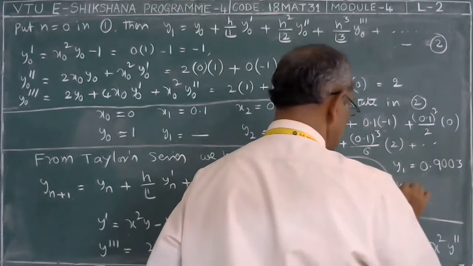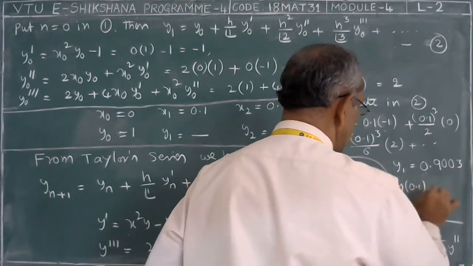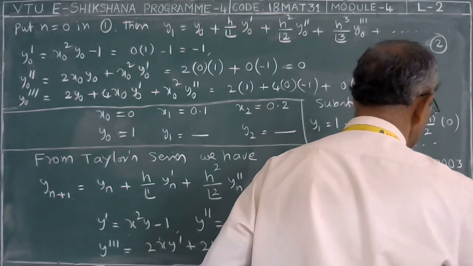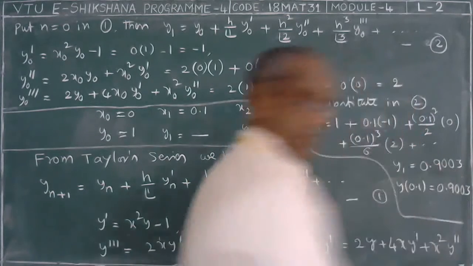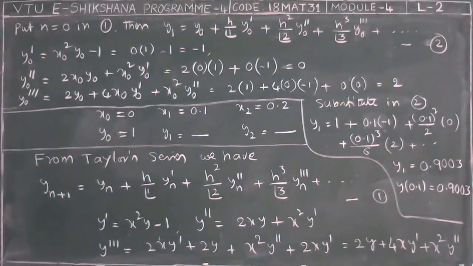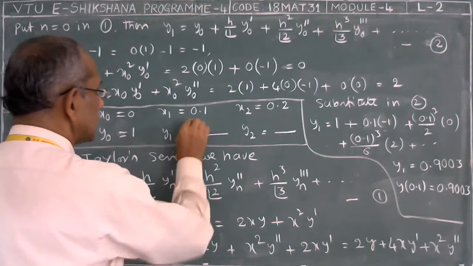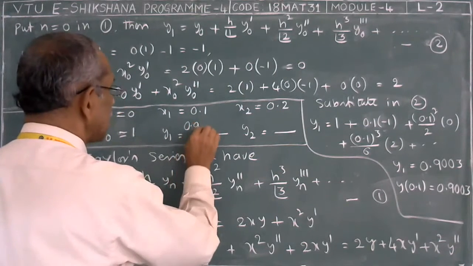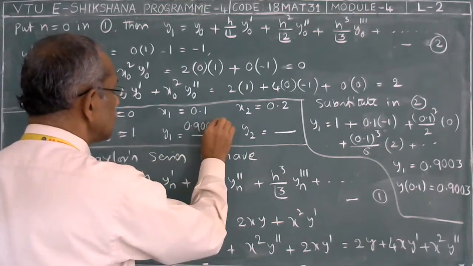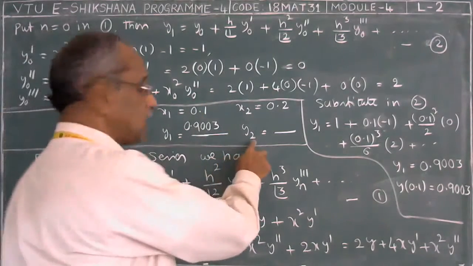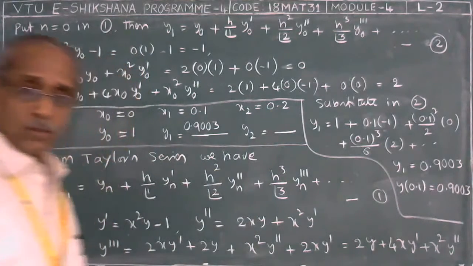That is, y at x is equal to 0.1 is 0.9003. So the value of y at x1 is 0.9003.